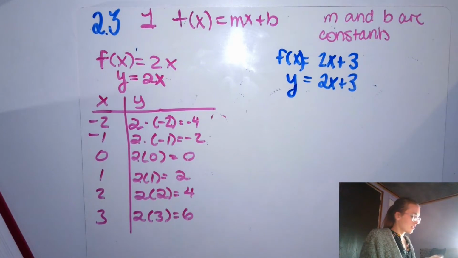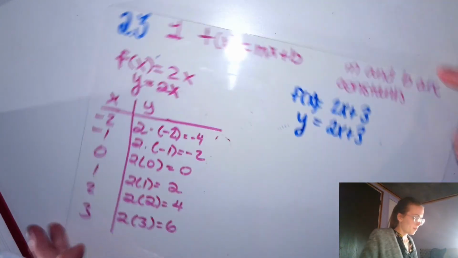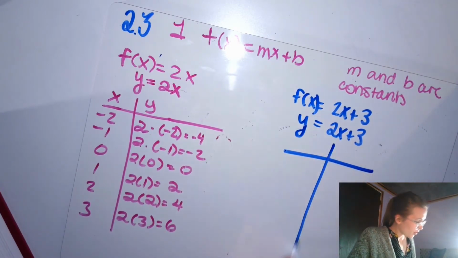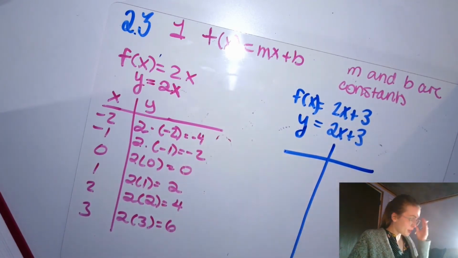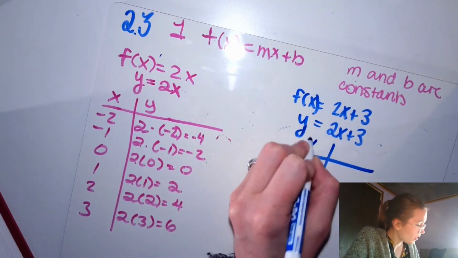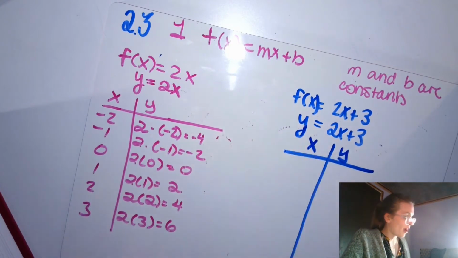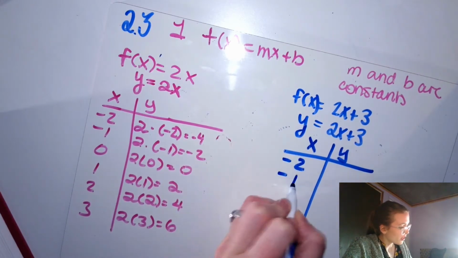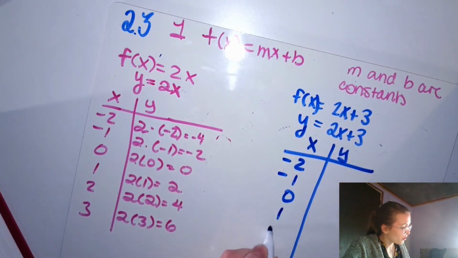Now let's look at the second one. We've got f of x equals 2x plus 3, so y equals 2x plus 3 is another way to write that. We've got x, y, and we'll have the same x values, so -2, -1, 0, 1, 2, 3.